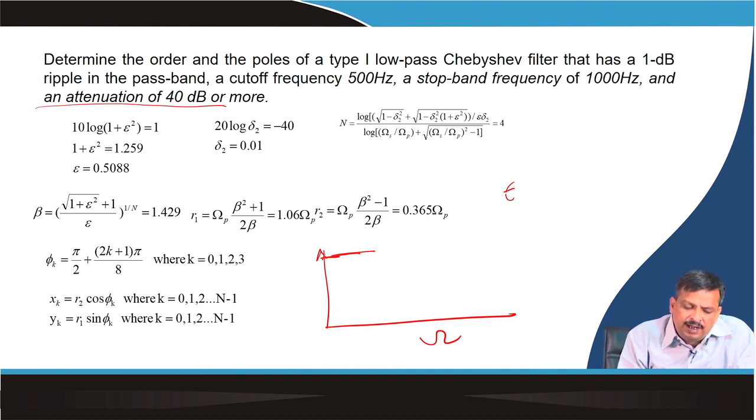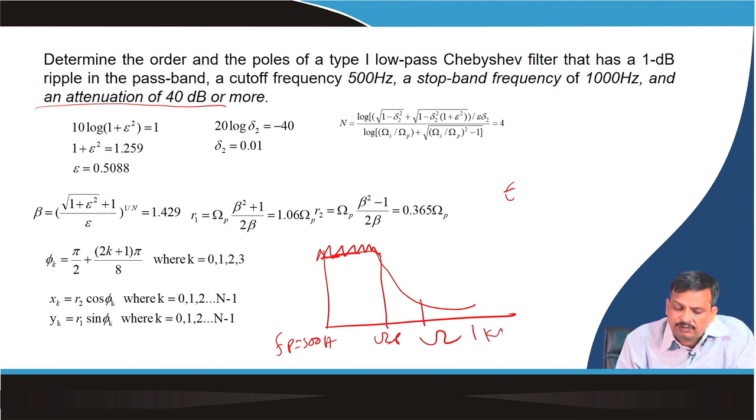So, there is a 1 dB ripple in the passband, and Fp is given as 500 Hz and the stopband edge frequency is 1 kHz. I have to determine the order and pole position of the filter.